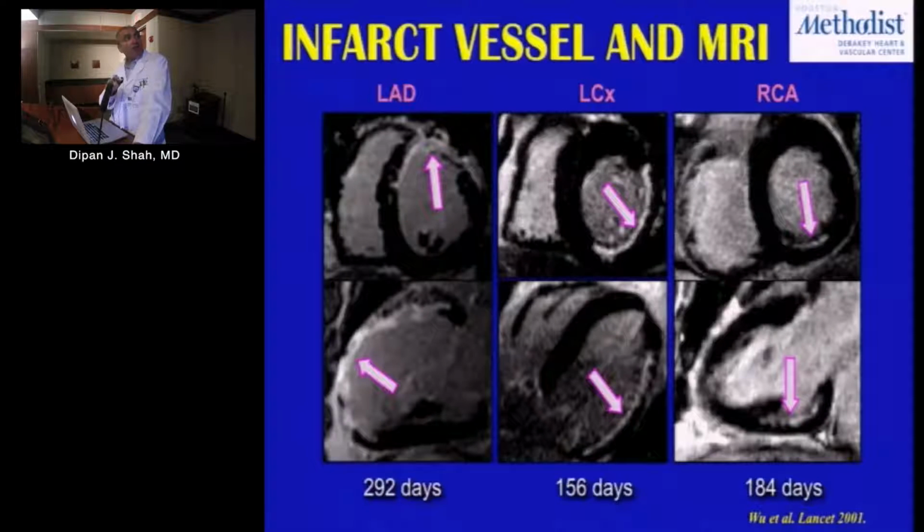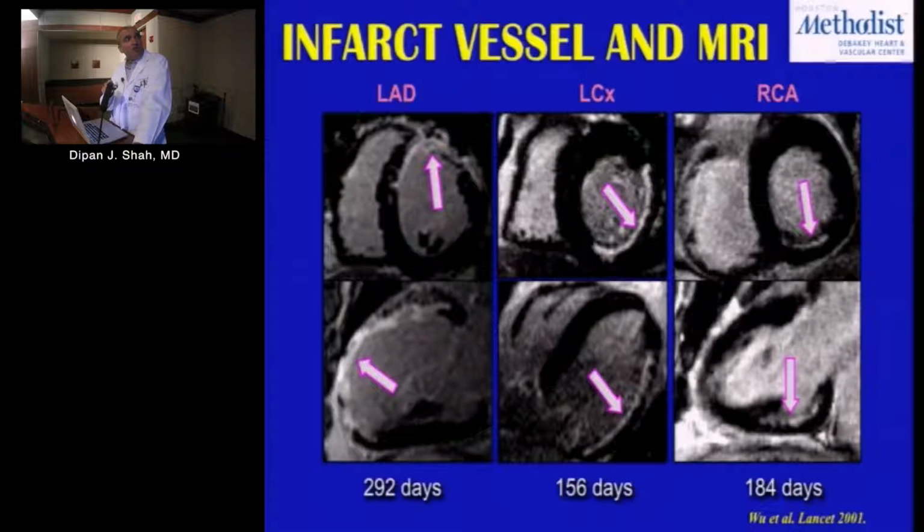And actually, if you go back to this publication in the Lancet, and these are all chronic infarctions, you can see, in fact, in this person who had a known LAD infarction about 8 months ago, an area of hyperenhancement here in the anterior wall. The second person who had an infarct in the circumflex, we see an area of hyperenhancement here in the inferolateral wall.